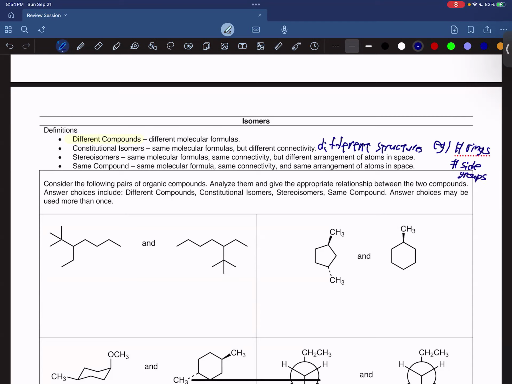For the stereoisomer and then same compound, in the exam, you guys have pretty much similar comparisons. So technically, the professor is going to make it tricky. So I'm going to tell you how not to gamble 50-50.